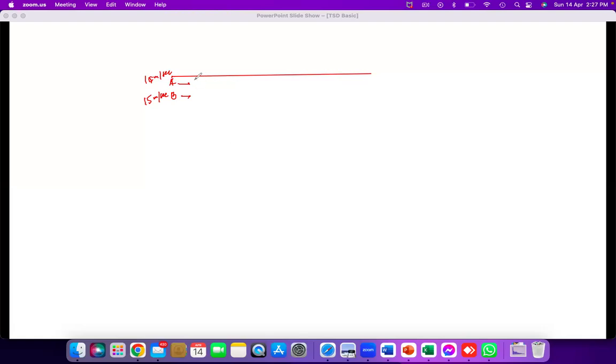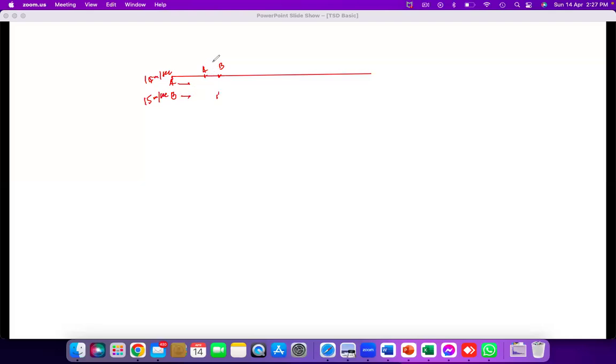So understand, first second what will happen? A will travel 10 meter, B will travel how much? 15 meter, right? Initially A and B were at same point. After 1 second, A travels 10 meters and B travels 15 meters.